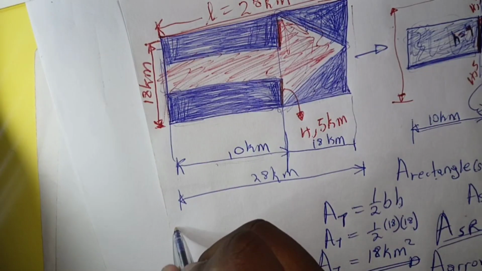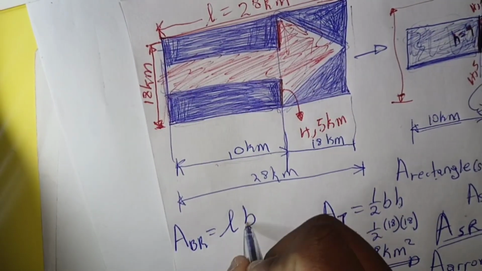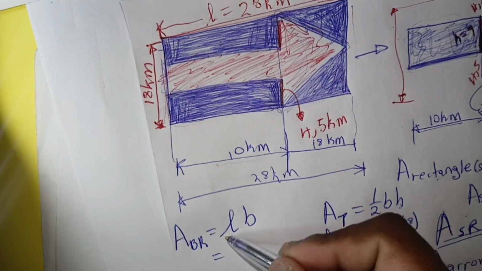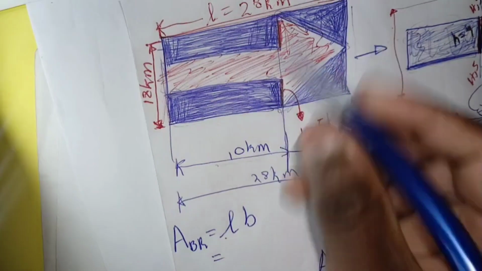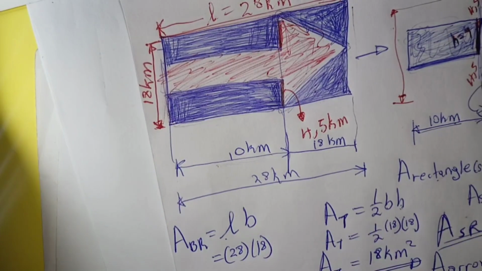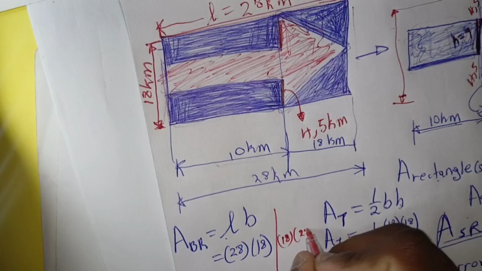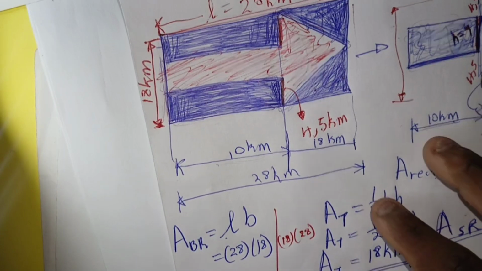So this is the area of a big rectangle, which will be length times breadth. And so here my length there, I can even take it as that one. Remember guys, the substitution doesn't matter. You can even substitute in this way, but at the end you'll get the same answer.